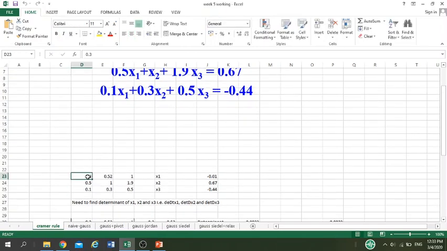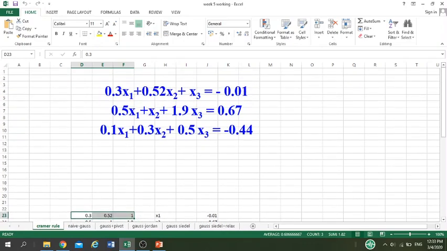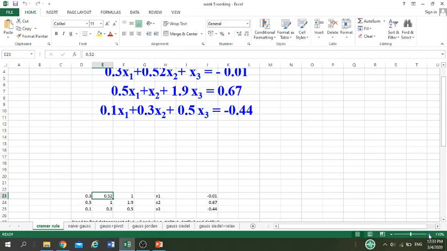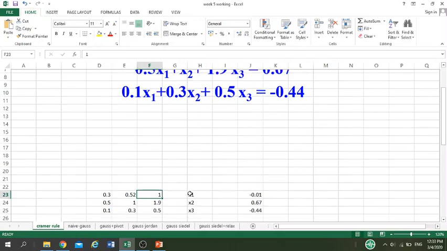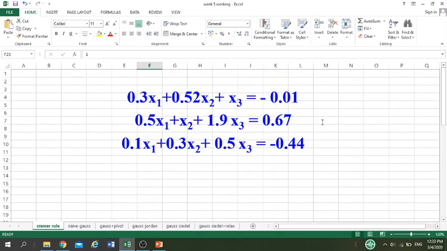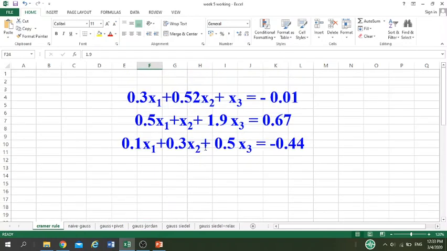Here, I write down the first row in terms of the coefficient of each unknown, x1, x2, x3. So 0.3 belongs to x1, 0.52 belongs to x2, and 1 belongs to x3. Same thing for the second equation: 0.5, 1, and 1.9 as the coefficients of the unknowns.